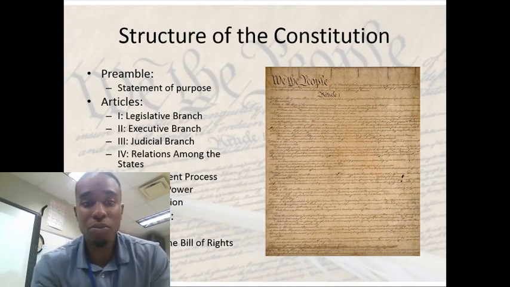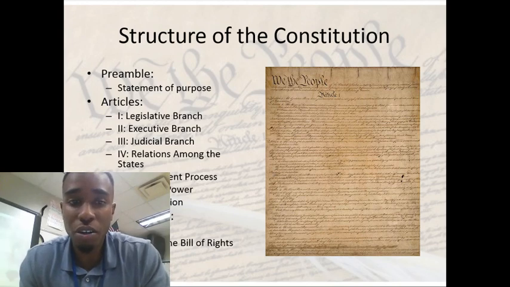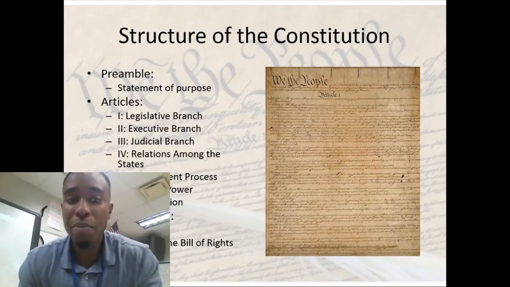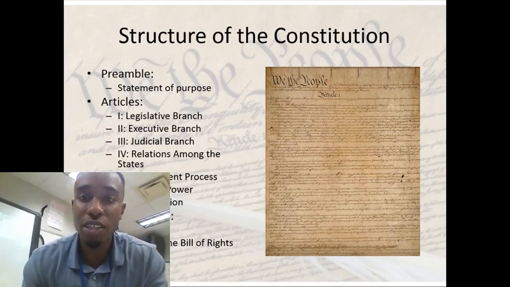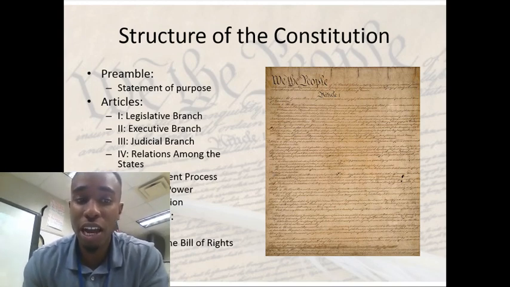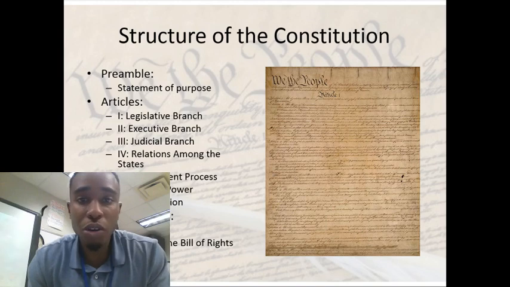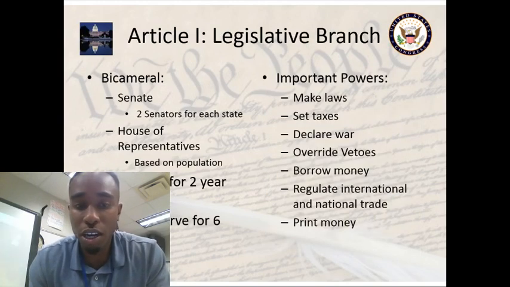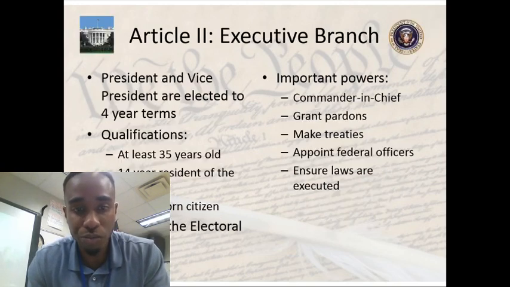Then it identifies the relations amongst the states, how the federal government would address those issues, the amendment process, which is adding different things to the Constitution, federal power of the federal government, and ratification, how things can be changed. We're also going to look at the first 10 amendments to the Constitution, which are known as the Bill of Rights.